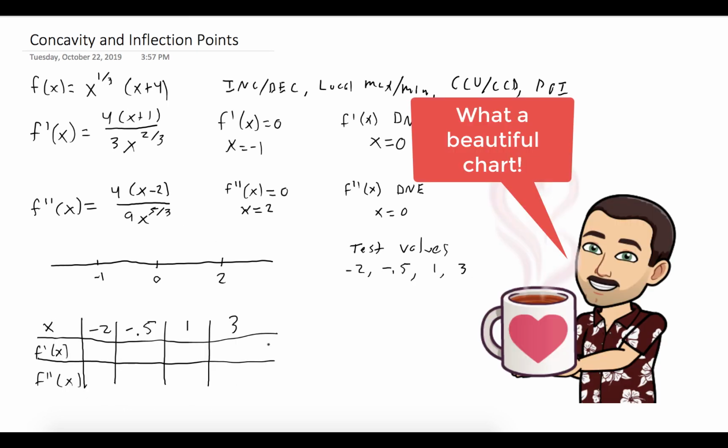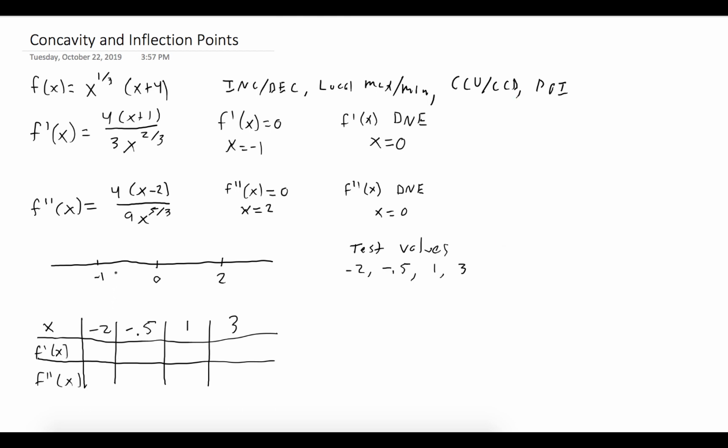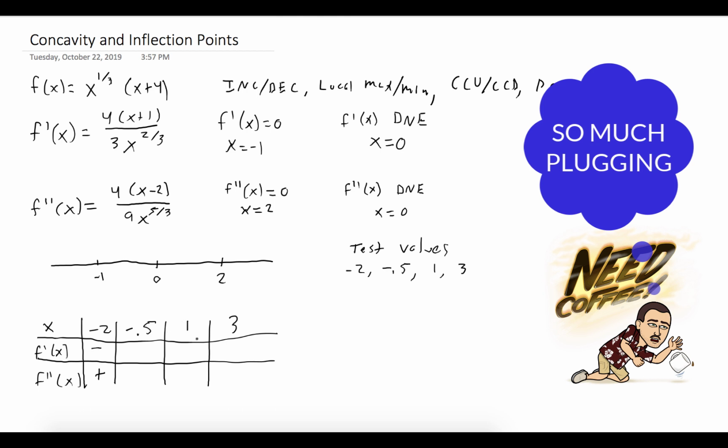I made this chart here between scenes, and what we'll do is we'll take our test values and plug them both into the first derivative and the second derivative and just mark down if we're positive or negative at each of these values. So we'll take -2, plug it into f prime, we get a negative over a positive, that's a negative. We'll plug it now into f double prime, we got a negative over a negative, that's a positive. And now we can just repeat this for the next three values.